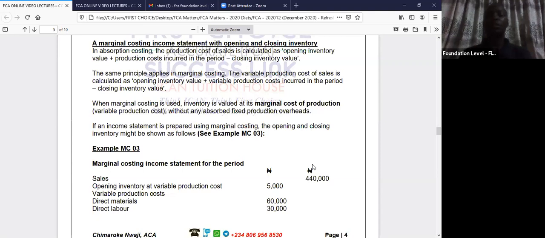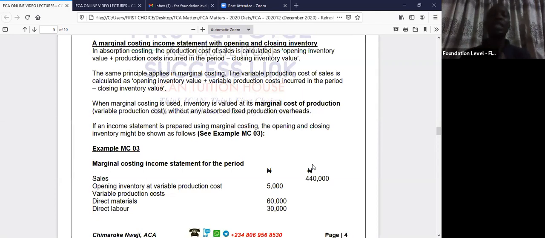Then you didn't sell everything, so you need to less the closing value. That gives you your production cost of sales. The same principle applies in marginal costing.